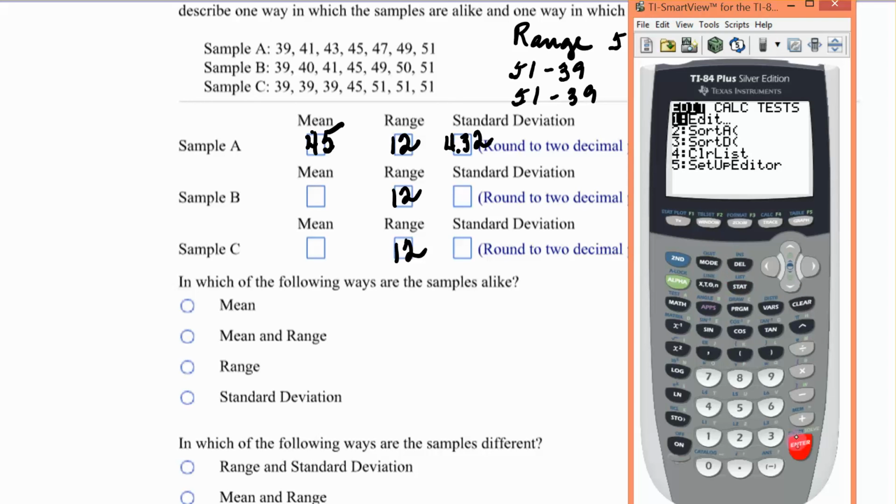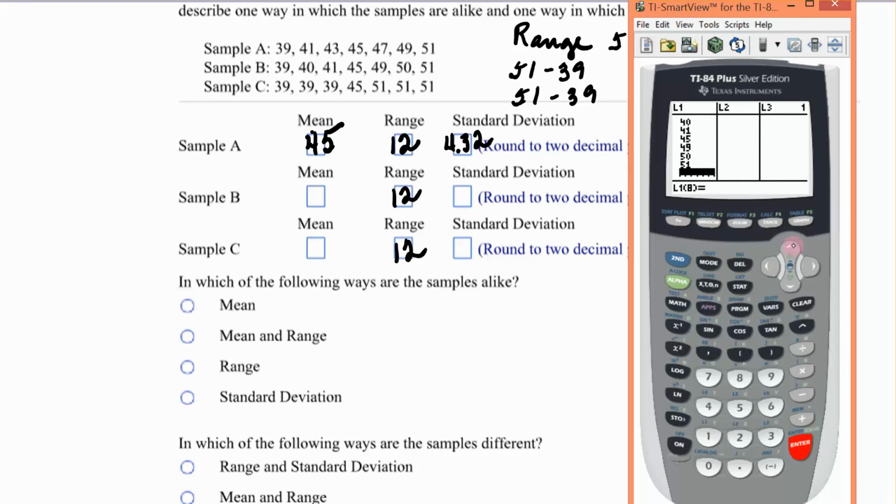Stat, edit. All right, this data, they're the same number of items, so 39 is there. Now I can type it again. 39, enter. 40, 40, oops, 41, enter. 45, enter. 49, enter. 50, enter. 51, enter.